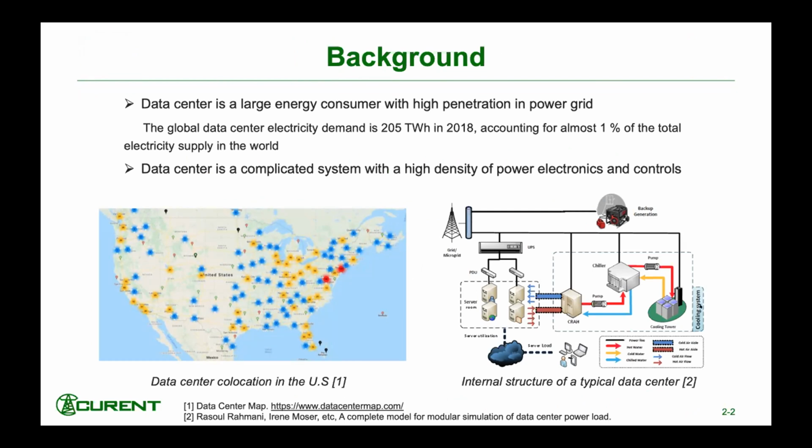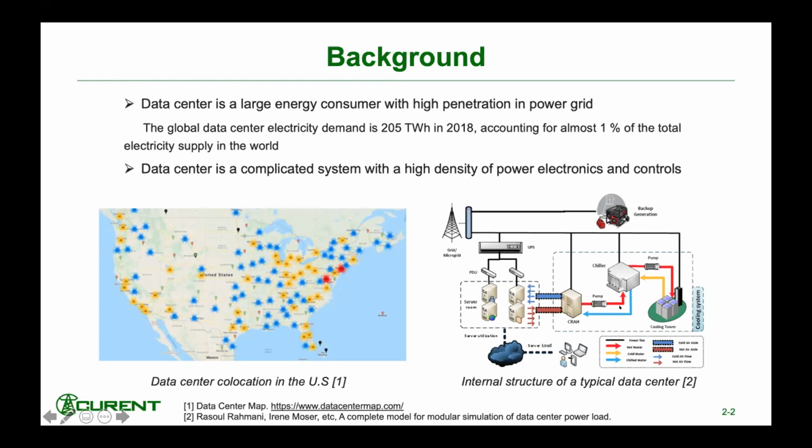On the other hand, as you can see in this typical data center structure, it is a very complicated system with a high density of power electronics and controls. The electrical power supply system actually includes several different stages. Each stage has many power converters, and the cooling system also has different cooling components.